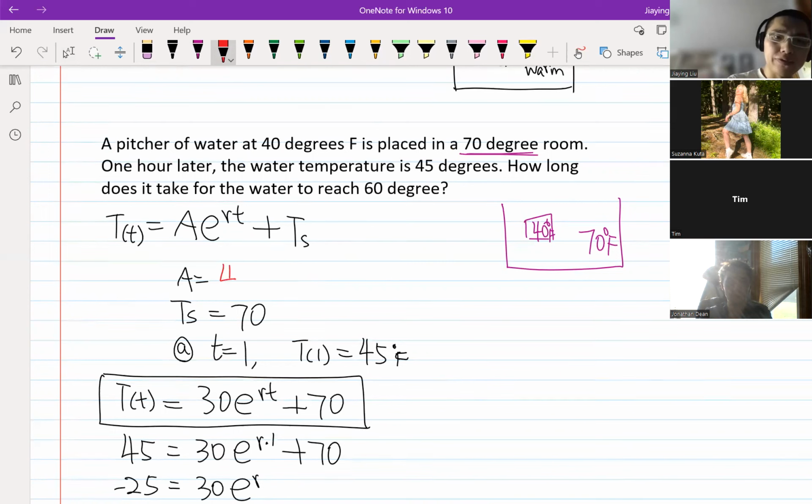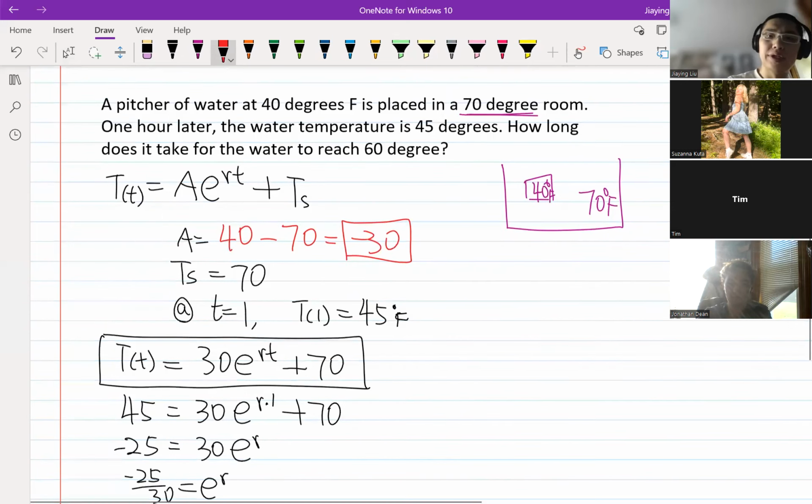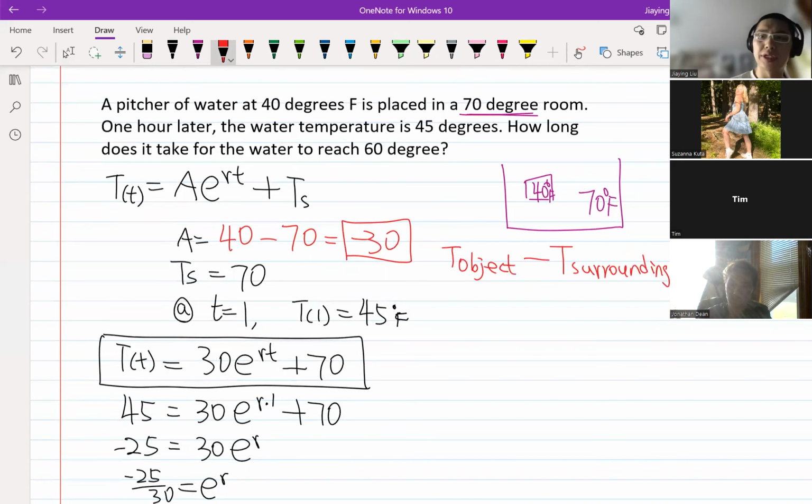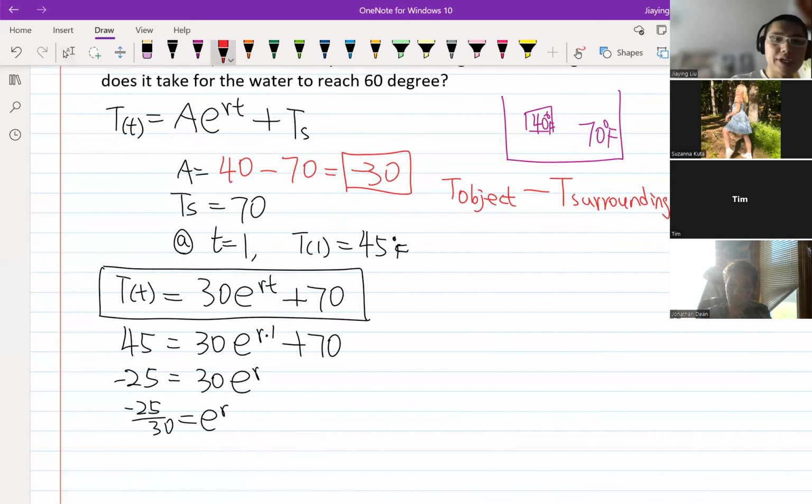The object is 40, the surrounding is 70, so that's negative 30. I did completely the opposite. So that's negative 30, and that should fix the issue here.